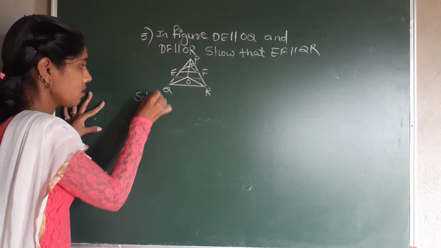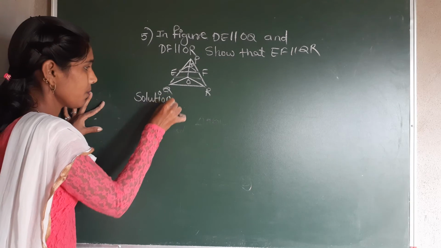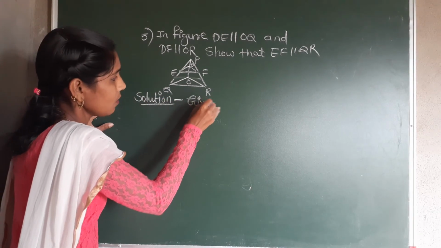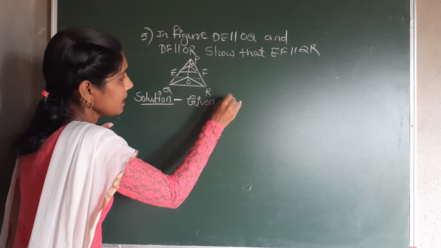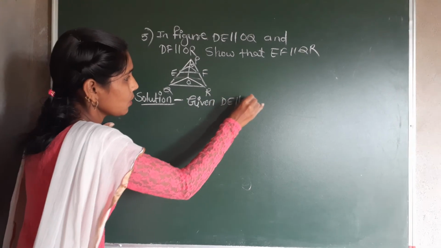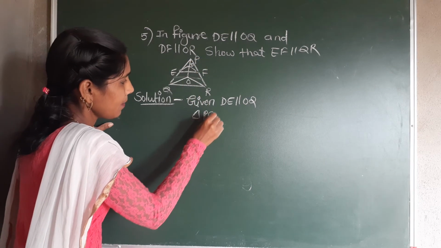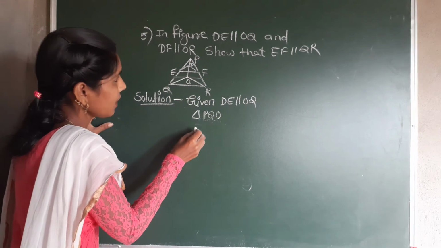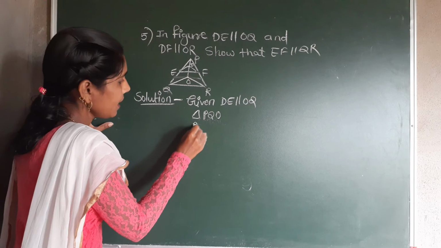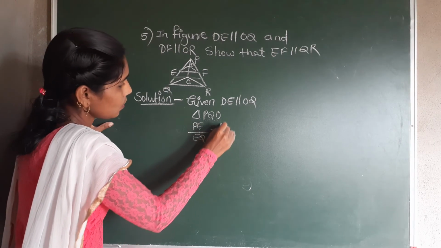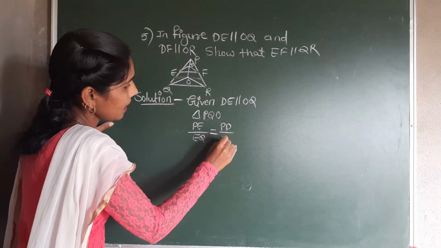Solution. Already given here, DE is parallel to OQ. So in triangle PQO, we can write here PE divided by EQ is equal to PD divided by DO.